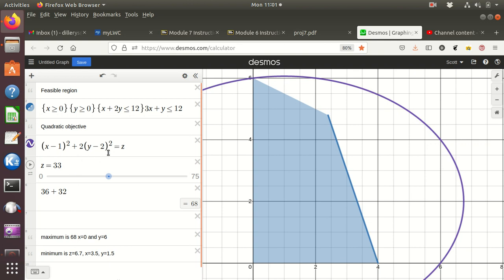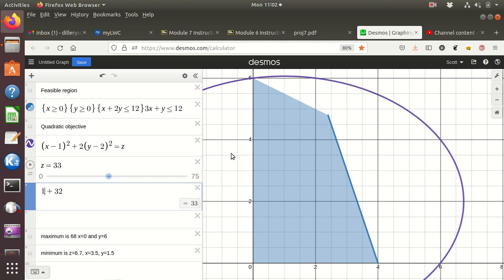Well, again, at 0 and 6, this part is still that 32, but I forgot to put in 0 here for the x. So 0 minus 1 is negative 1, and square it, that's 1. So in that case, I should have said 1 plus 32, which is 33. So sorry about that. That maximum back here, that first time, was 33, not 32. My mistake, sorry.